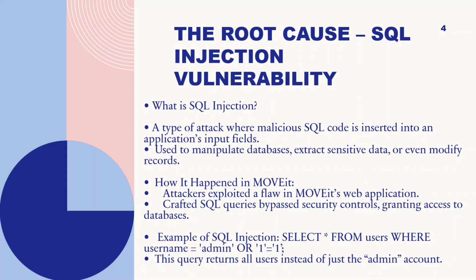That means that everything after WHERE evaluates to true, since 1 equals 1 is always true. So an adversary can use this to their advantage, inject this query and return all the admin accounts. Wow, this is really malicious.